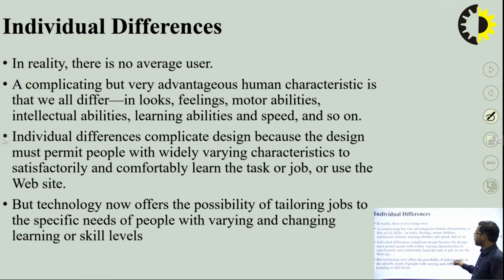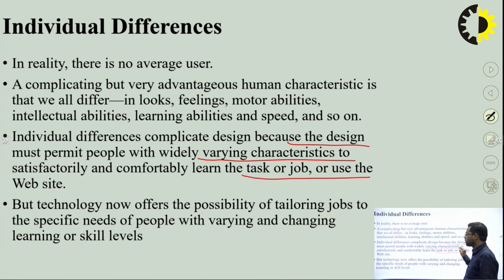Individual differences complicate design because the design must permit people with widely varying characteristics to satisfactorily and comfortably learn the task or job or use a website. But technology now offers the possibility of tailoring a job to the specific needs of people with varying and changing learning or skill levels.